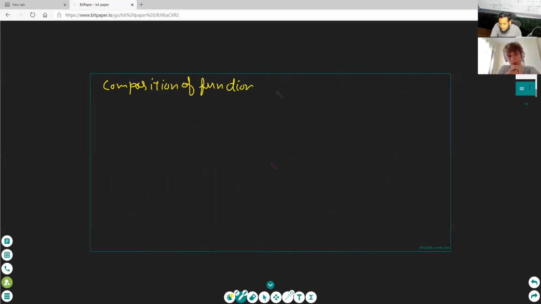I will also make a figure for the function f of g. f of g is the composition of function, and f of g of x. Clear?